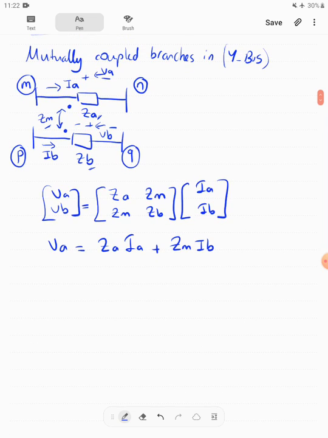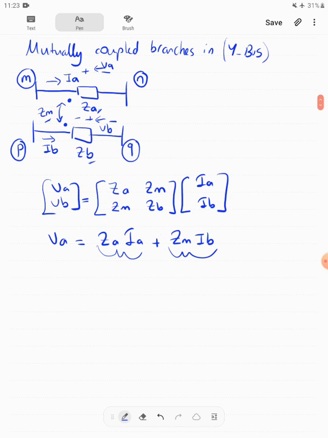From here you can see that the first component ZA IA is the voltage drop due to the self impedance of the first upper transmission line, while ZM IB is the voltage drop term due to the second transmission line, by considering mutual impedance Zm.